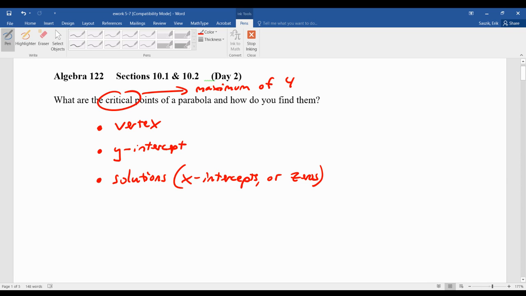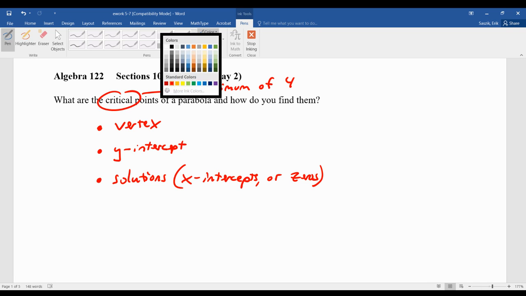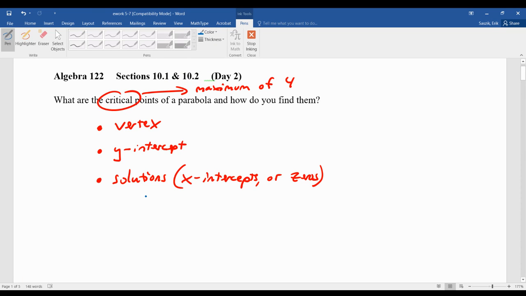Now remember that with the solutions, you often have 2, but you could have 2, 1, or none. Which means, maximum critical points is 4, but you could have just 3 or 2, depending on the problem.